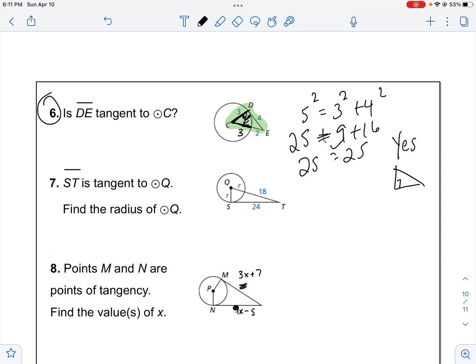Next, it says that it is tangent. So that makes this. So Pythagorean theorem. Hypotenuse squared equals leg squared plus leg squared. Now, I'll just do some speed solving of this. Grab my calculator, make sure I do the correct calculations.